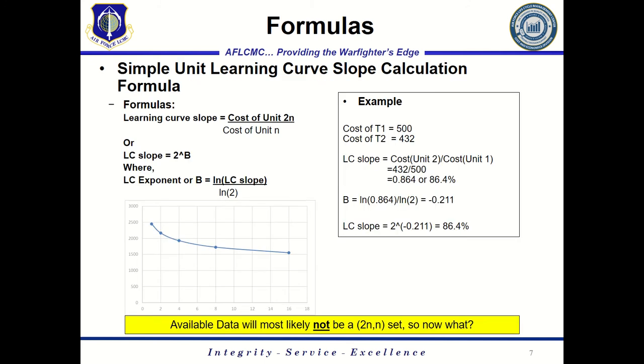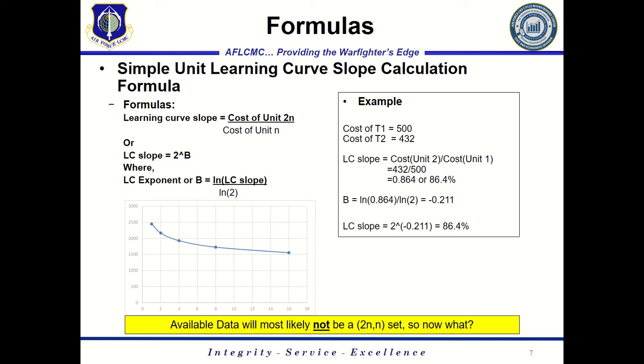So now we're going to get into some formulas. You'll obviously have this as a reference, so you don't have to memorize all the formulas, but the concept formulas are pretty simple. If you happen to have the cost of Unit 1 and the cost of Unit 2, or the hours for Unit 1 and Unit 2, or any pairing that's a doubling, so Units 4 and 8 or 8 and 16 and so on, you can pretty simply calculate the learning curve.